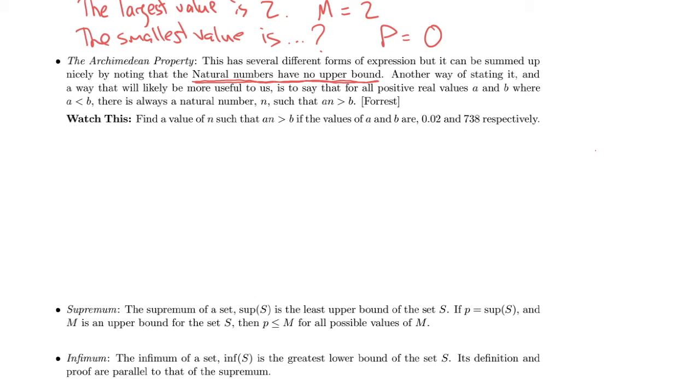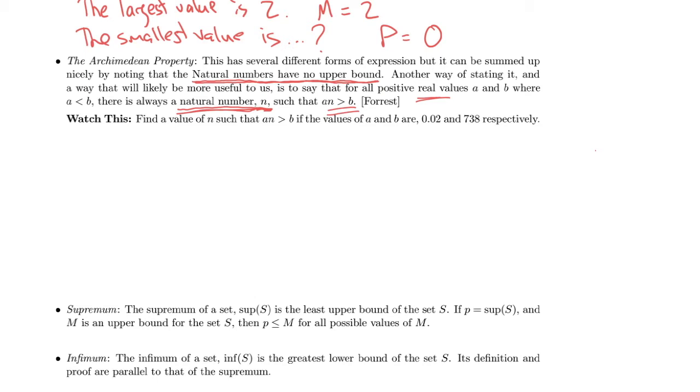But that's not exactly useful to us in that form here. Another way of stating it, like they have written here, is that if you've got any two positive real numbers A and B, where A is less than B, then there is always a natural number n, such that if you multiply A by n, you'll get a value that's bigger than B.